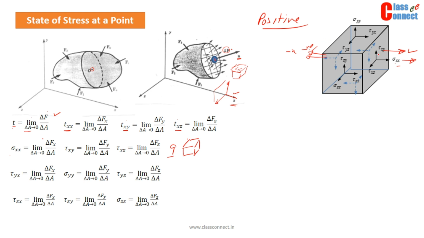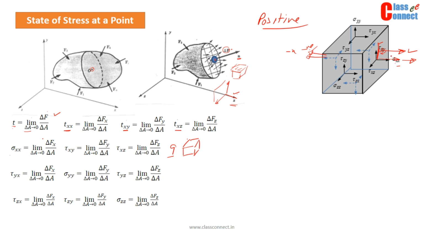Likewise for the shear stress, this is the direction of the plane, that is x is the direction of the plane and y is the direction of the stress. So both are positive. This particular stress is acting in positive y direction and the plane on which it is acting is positive x.